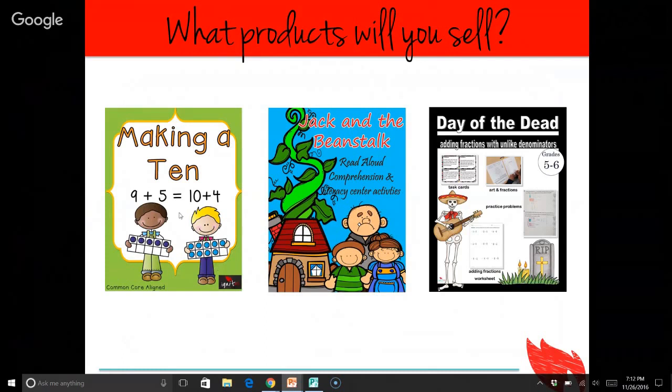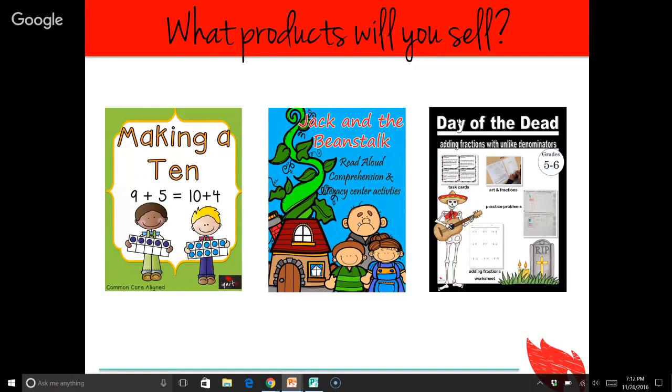This was something that I created when I was teaching 1st grade, when I first came back to Houston. So it's been since the end of 2014. As you can see, the cover is not that great. And then this was Jack and the Beanstalk. I also created that one when I was teaching 1st grade, when I first moved back to Houston.